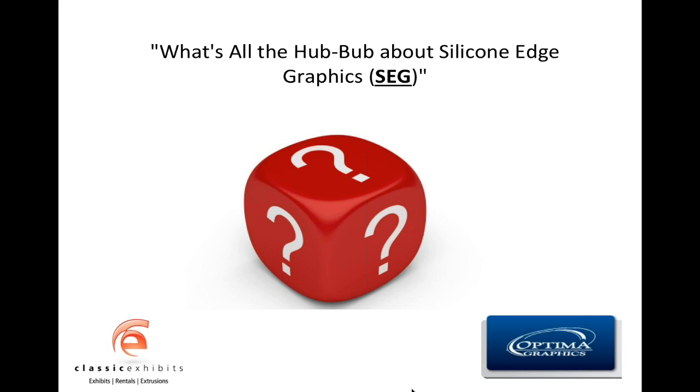Another question is, why does it matter which extrusion system is used as you are manufacturing the SEG graphic? I think the question being, what's the difference between applying SEG to Classic Module or to AGAM or to Octanorm? Why does that matter? Basically, as is the case with the trade show industry, we as a group seem to try to make things as complicated as possible.